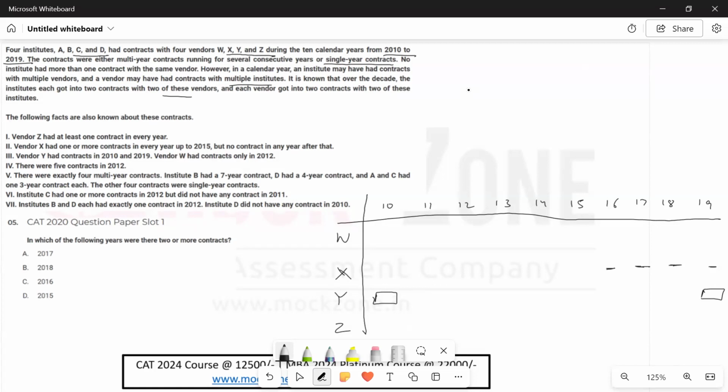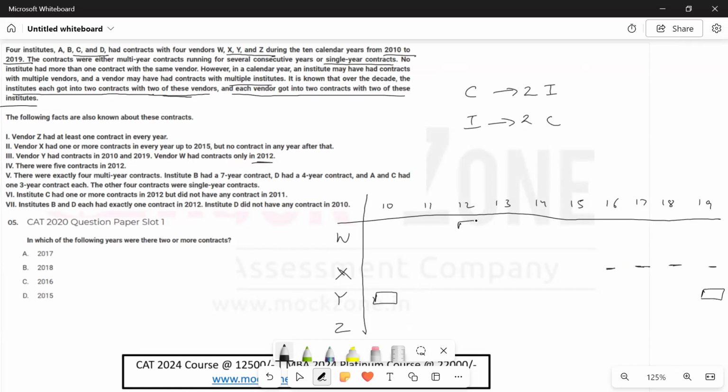So we know that every contractor has two institutes and every institute has two contractors. ये कहाँ से हमें पता चल रहा है? यहाँ से, the institutes each got into two contracts with two of these vendors and each vendor got into two contracts with two of these institutes. So we know that W has contracts only in 2012. That means what?